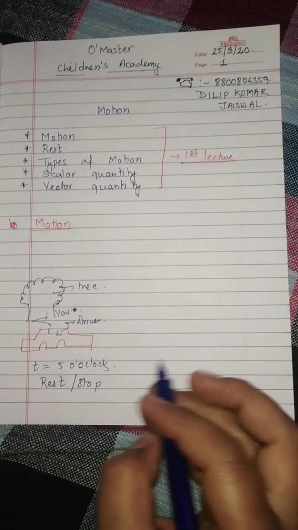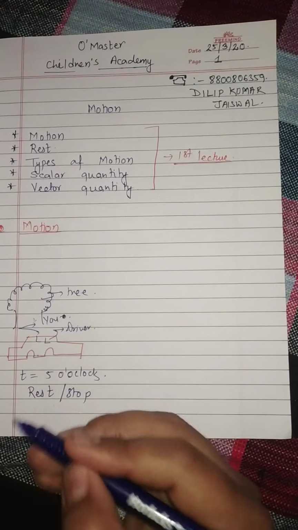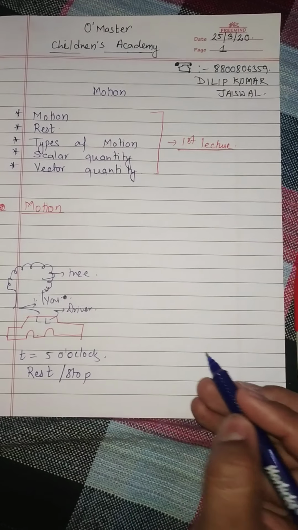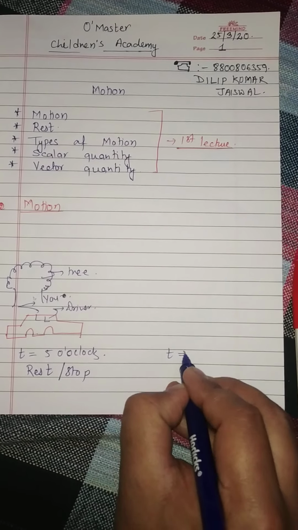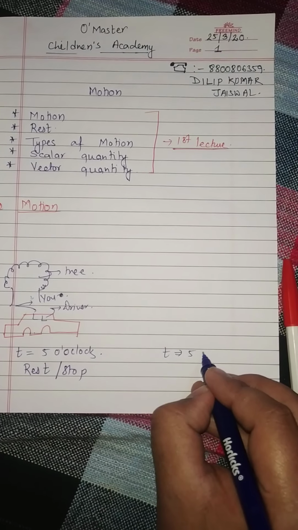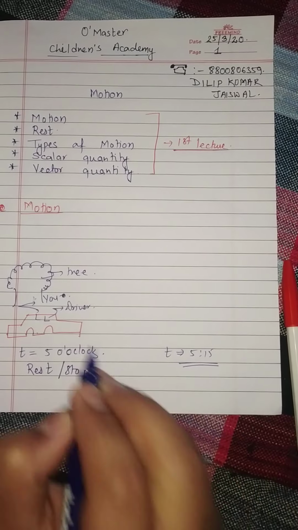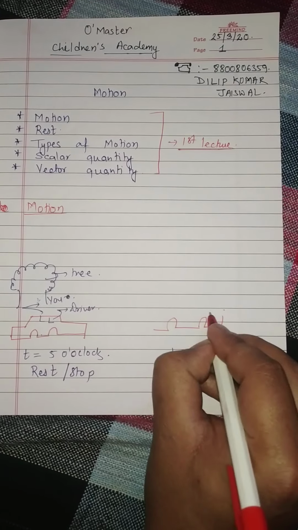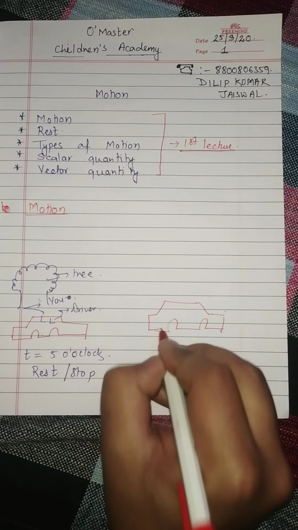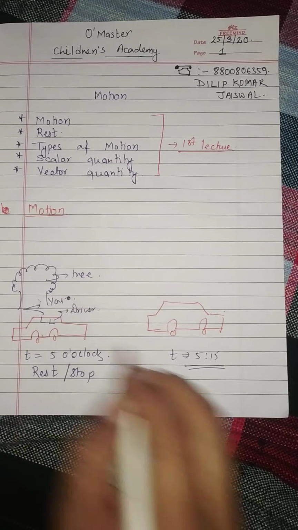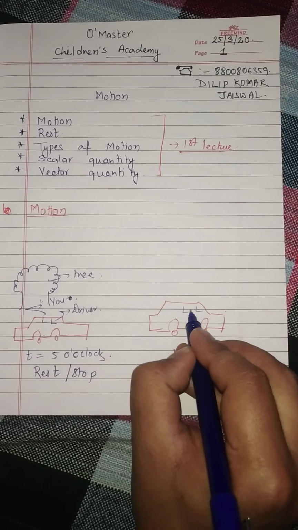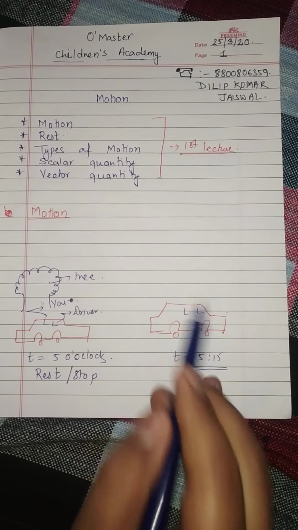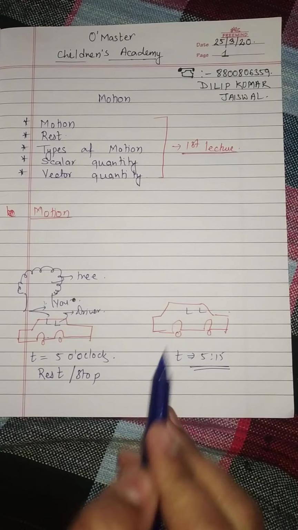So generally what we see, rest means stop, but in science we'll be dealing with rest and motion in a different sense. Let's take after 5:15, what you will observe? This car will reach a certain place, and you and your driver are just sitting wherever you were. So what we find from this example?